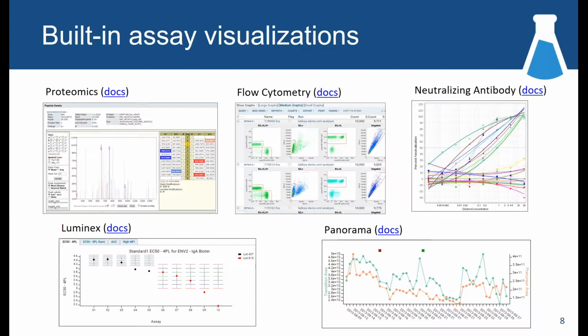And then the Panorama data types have various QC plot types very similar to the Luminex tool that are used for tracking quality control over time as well. But in this case, the different metrics of data are defined by queries over the targeted MS assay results data.